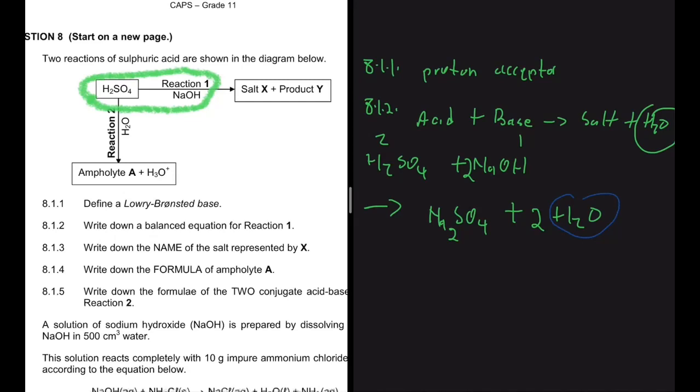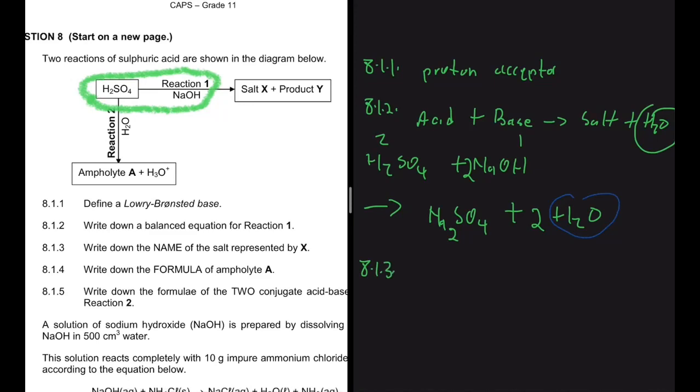So now the hydrogens are balanced. We can look at S. We have 1 S here and 1 S here, so that is balanced. Then let's look at the oxygens. We have 6 oxygens on the left-hand side, and on the right-hand side we also have 6 oxygens. So it seems like all is well, and we can move to 8.1.3.